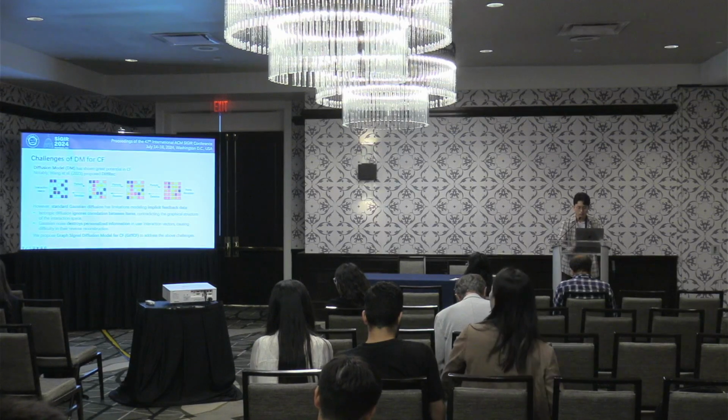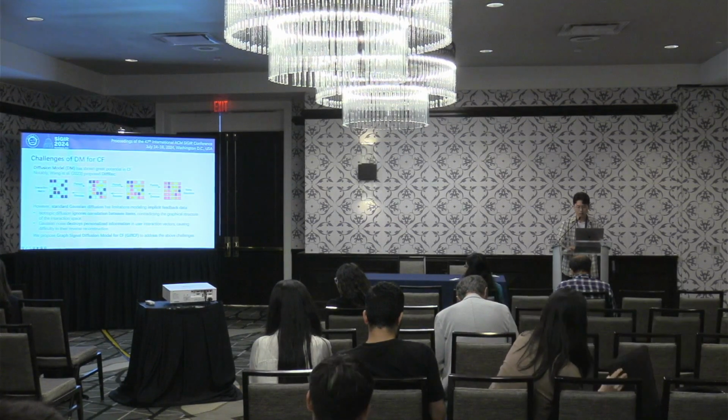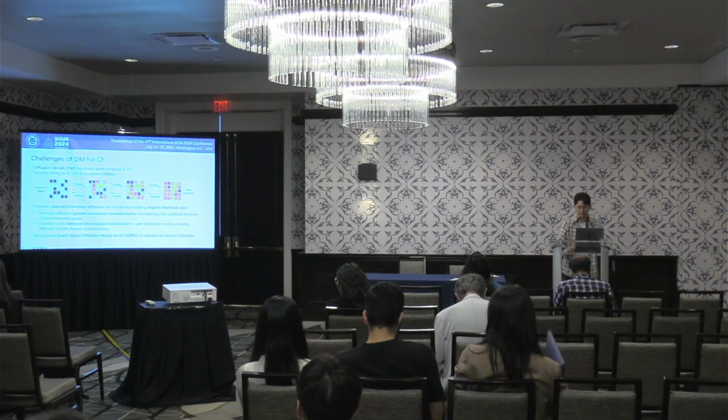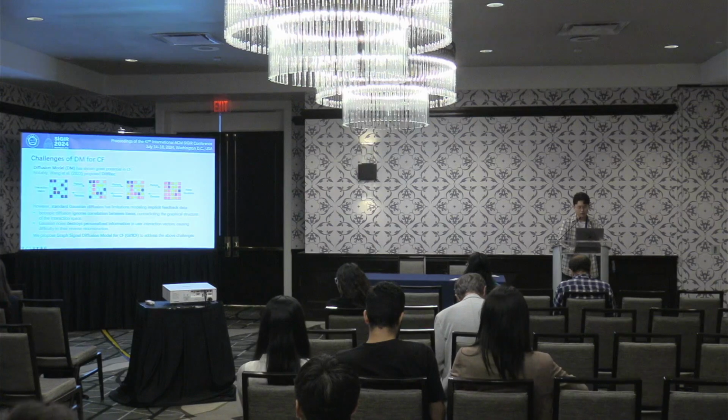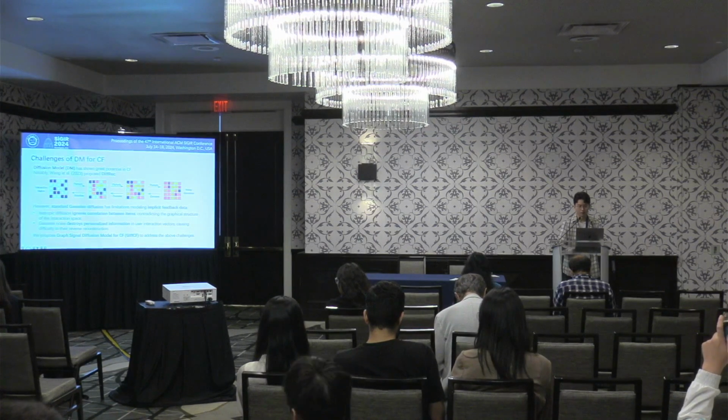Also, Gaussian noise added in the forward process tends to destroy personalized information in user interaction vectors. As a result, it can be very hard to reconstruct the original vector X from the noisy Gaussian latent states. So to address the above 2 challenges, we propose graph signal diffusion model for collaborative filtering, or GiF-CF, to better model implicit feedback data.